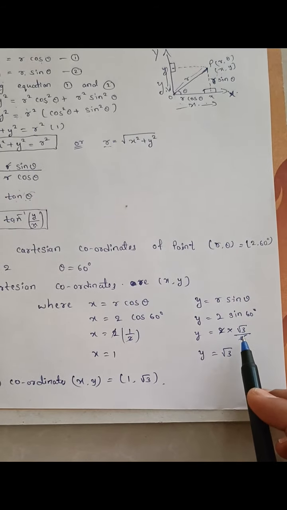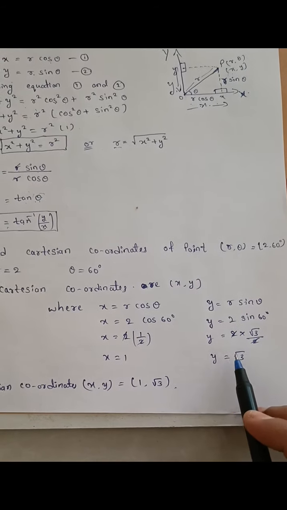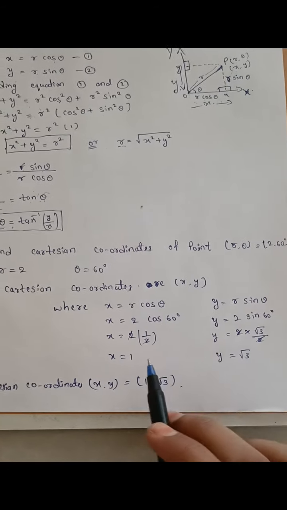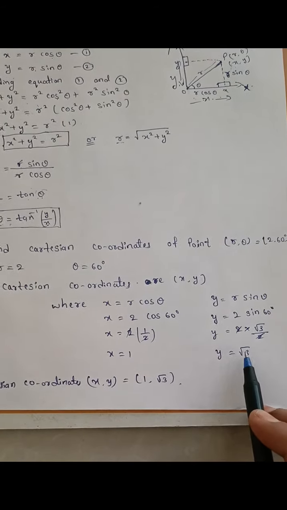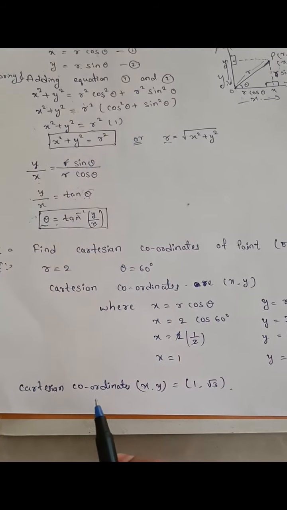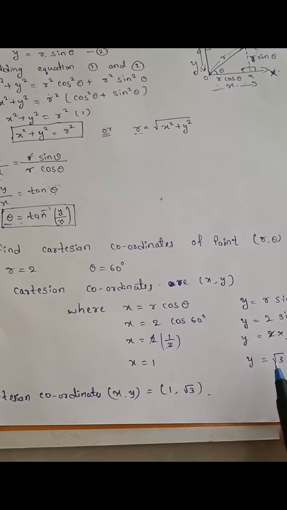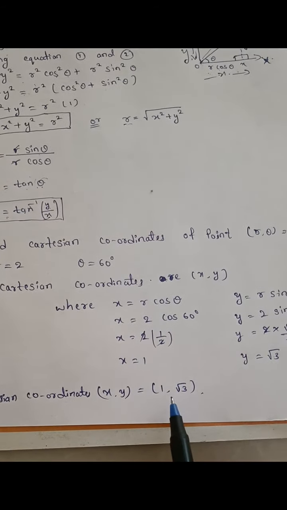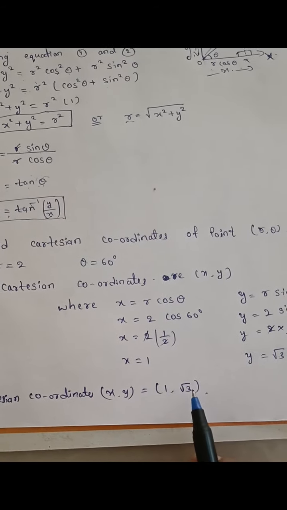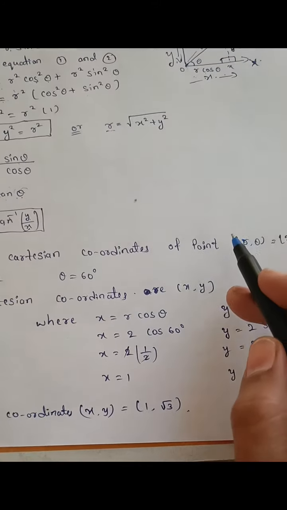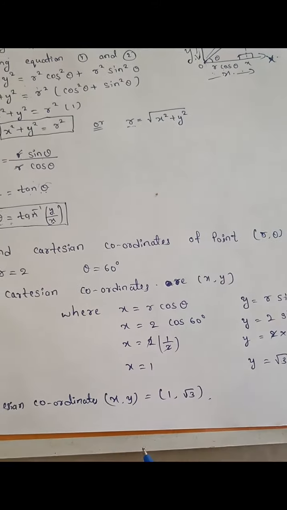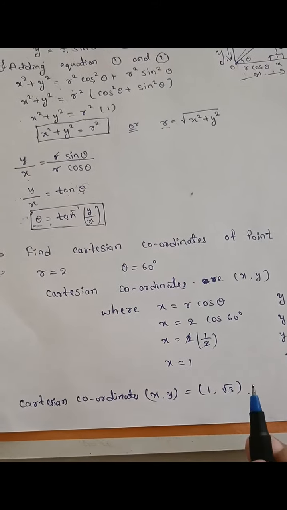Sin 60 degree is root 3 divided by 2. 2 gets cancelled. Y equal to root 3. X value is 1 and y equal to root 3. Then the Cartesian coordinates are x comma y, x value is 1 and y value is root 3. This is the ordered pair 1 comma root 3. By using the points of polar coordinates, we find the Cartesian coordinates points.